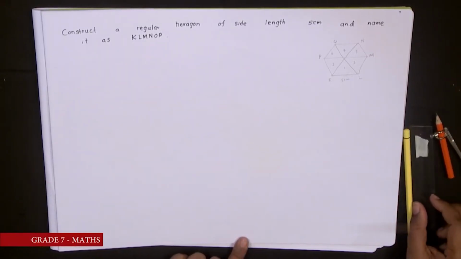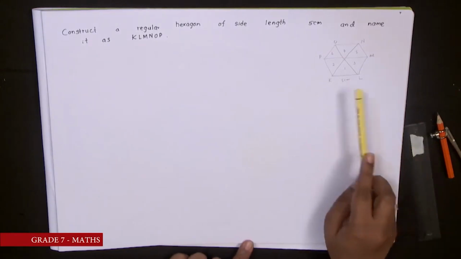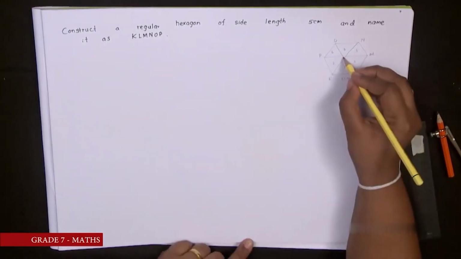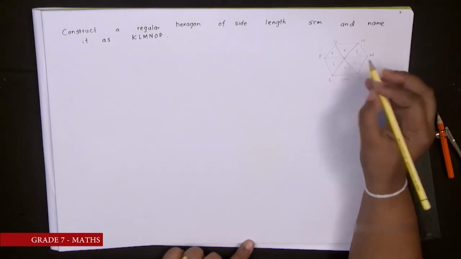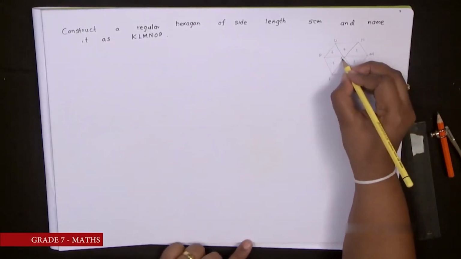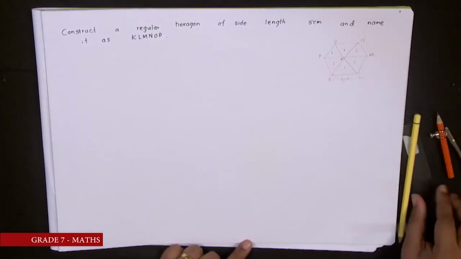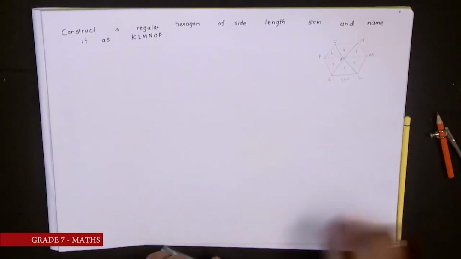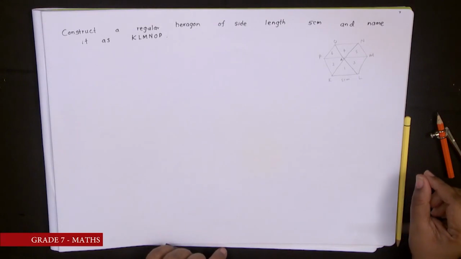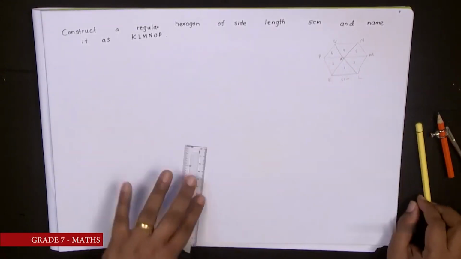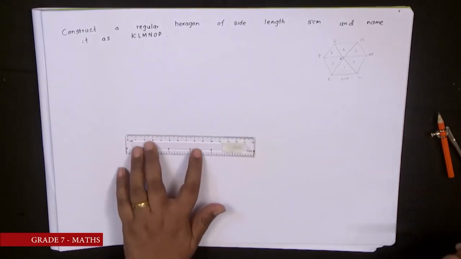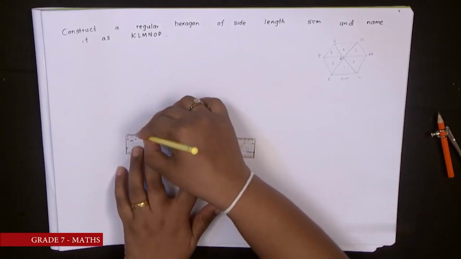Therefore, I need to construct the side KL. For that to be easy, I am going to name this point as A. Right. So, first of all, I am going to construct the triangle KLA. Right. Therefore, first of all, draw a straight line segment.